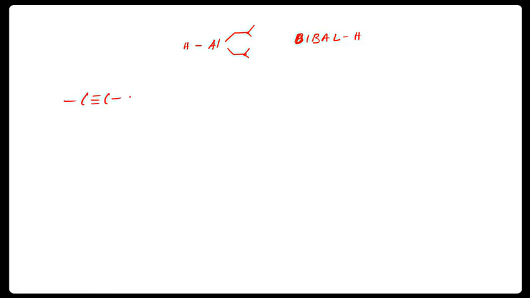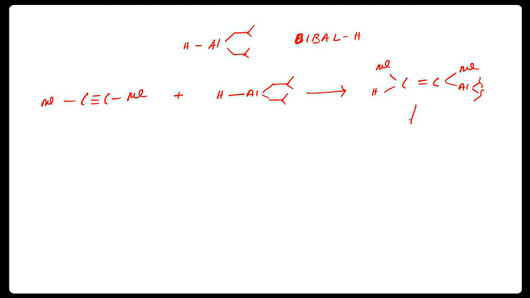Let's say we have this alkyne and we have treated it with DIBAL-H. We get the C double bond C with Al. I'm not writing that part, and just hydrolyze it. It will end up with an alkene.